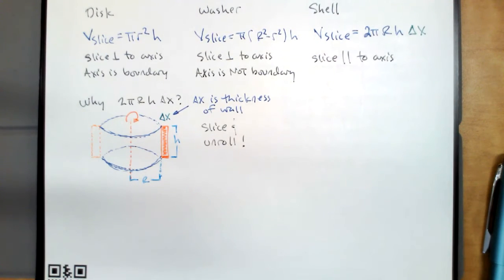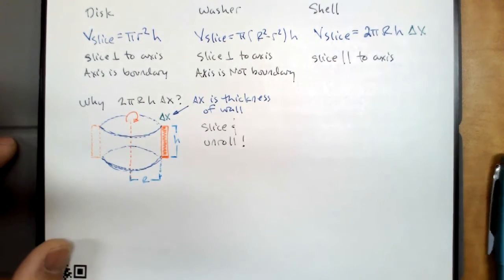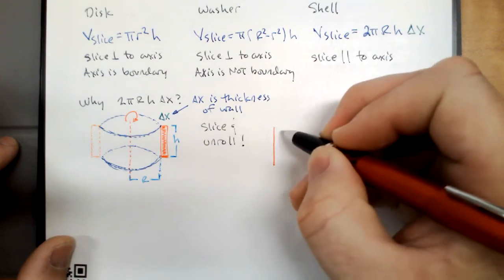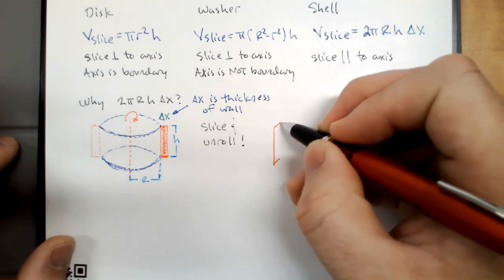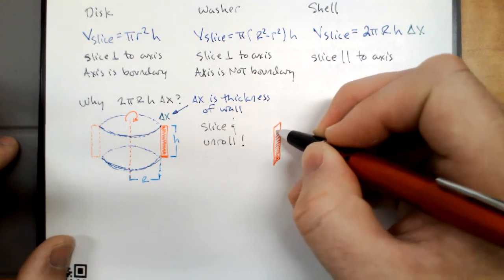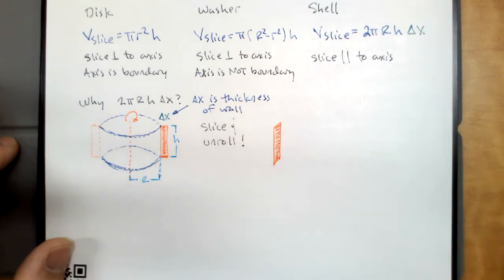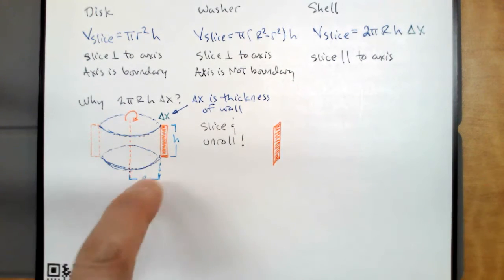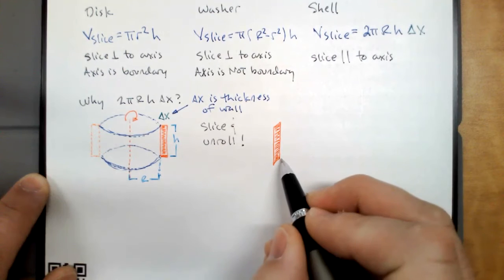Here's our original rectangle. When we unroll this can, these blue circles that we form when we rotate it are going to be unrolled into a flat line.